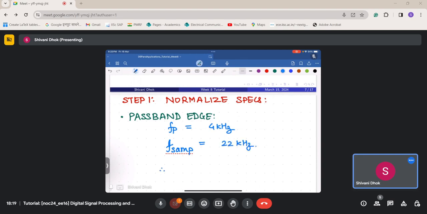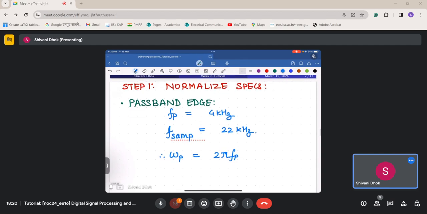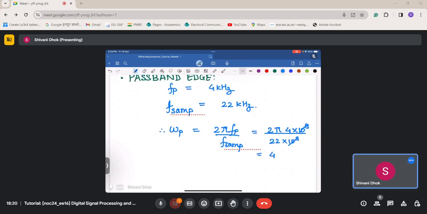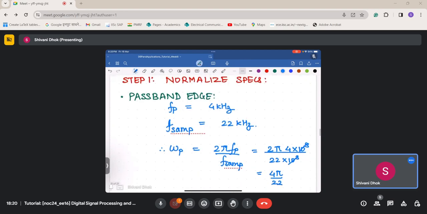So the normalized omega p is 2 pi Fp upon F sampling, which is 2 pi into 4 into 10 raised to 3 divided by 22 into 10 to the power 3. This gets cancelled, so this comes out to be 4 pi by 22. So this is my normalized value.